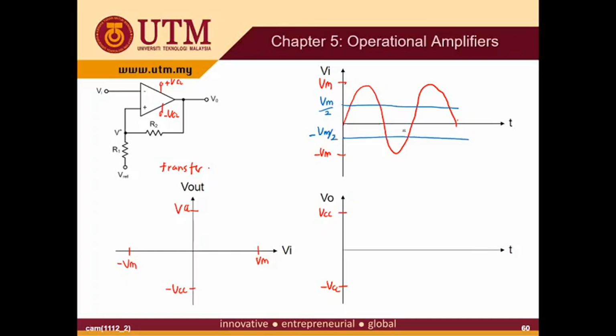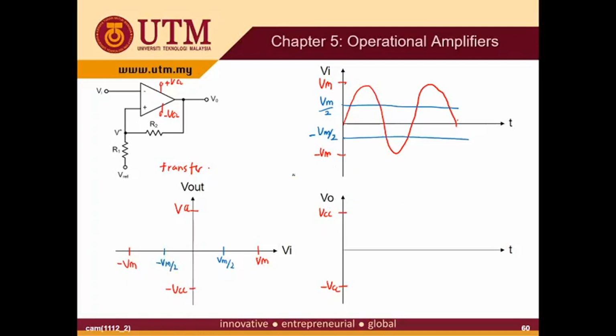Okay, so we have drawn this one. We can also take note and put it here in the transfer characteristic. So this is Vm/2 and this is your minus Vm/2.